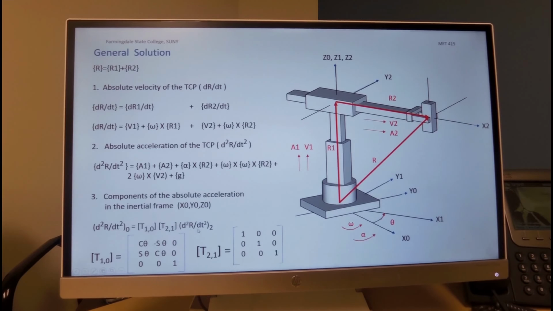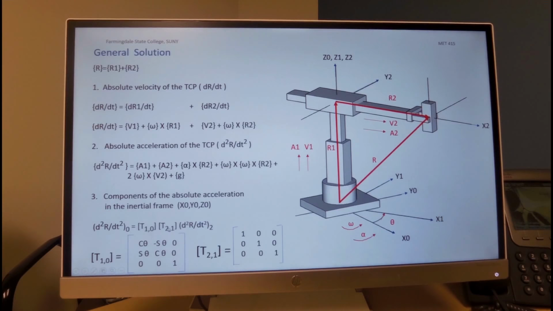And then when we have the vector resolved in coordinate system 1, we can further transform it to coordinate system 0 by multiplying it with the rotational matrix which transforms it from 1 to 0. So the net result will be a matrix which is transforming a vector from coordinate system 2 to coordinate system 0.